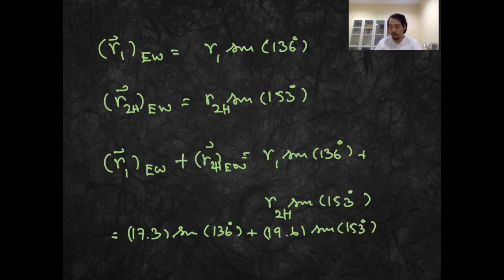Okay, let's use the calculator. 17.3 times sine 136 plus 19.6 times sine 153, which is equal to 20.916 kilometer.